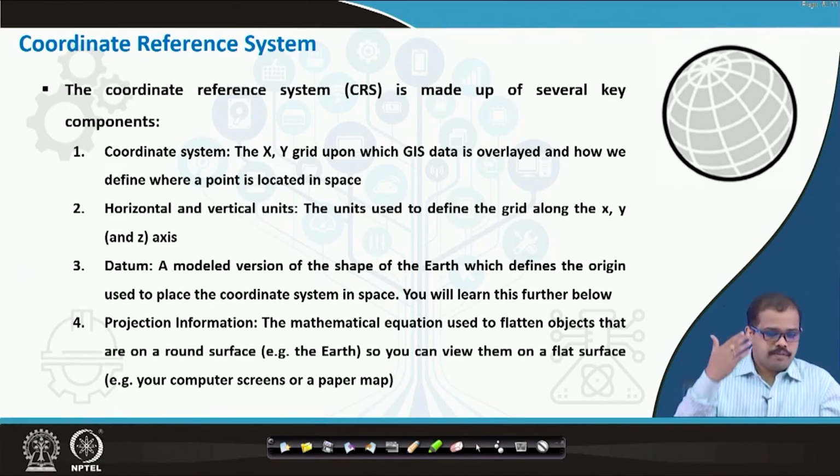So whenever we look at a coordinate referencing system, we have to look at the coordinate system, the horizontal and vertical units, that is X and Y, and in many cases the Z axis. Then look at datums, and finally the projection information, without which your CRS would not stand.